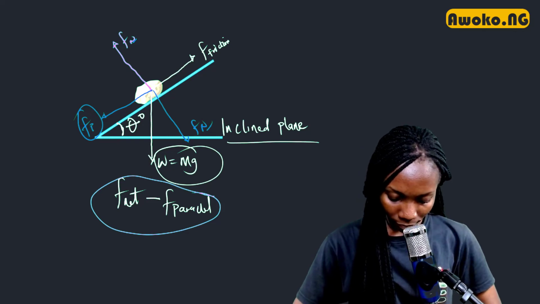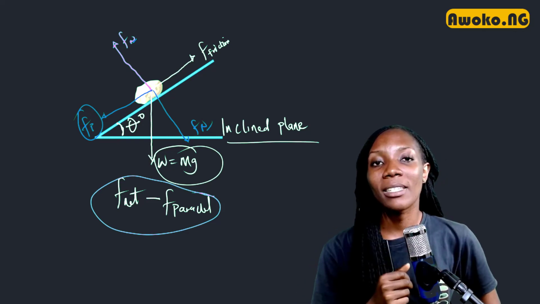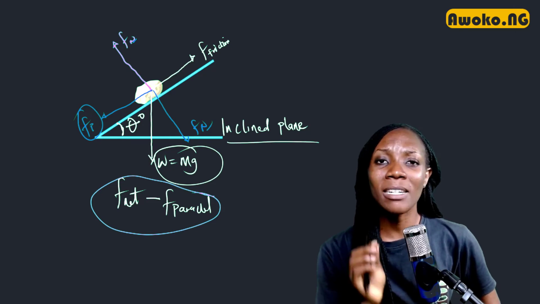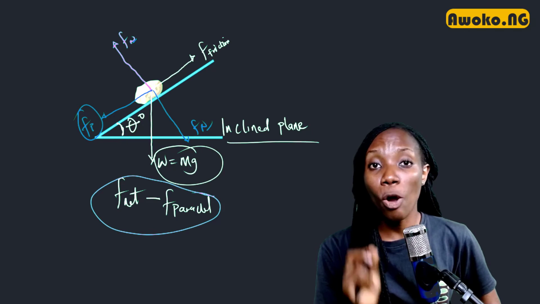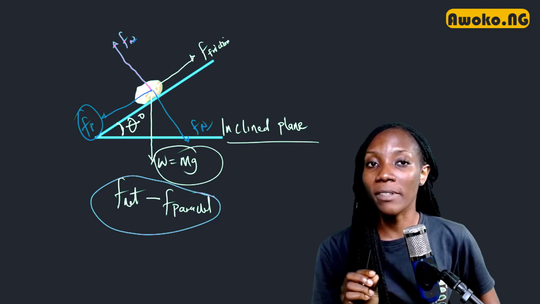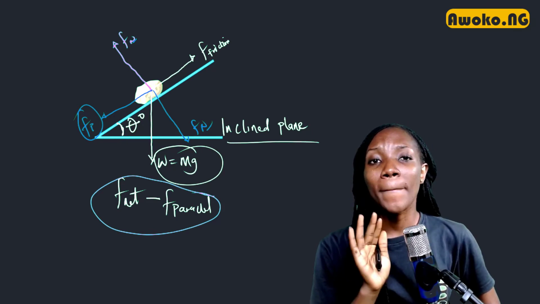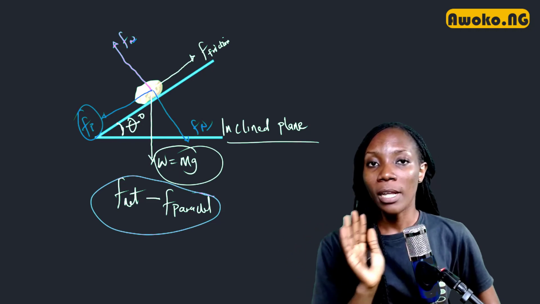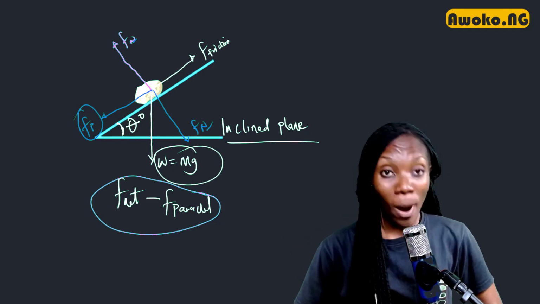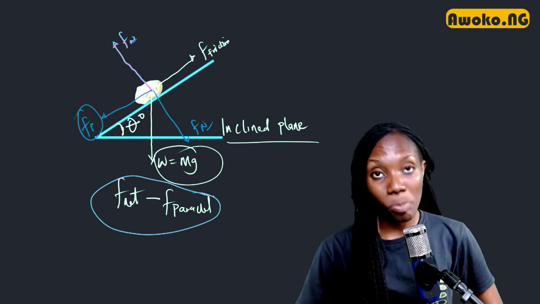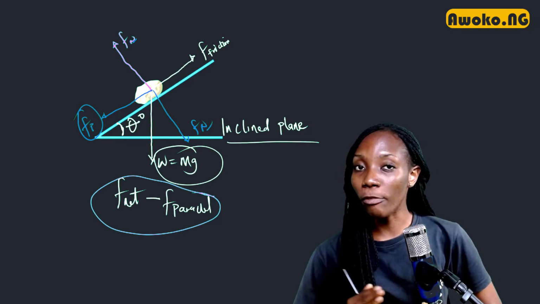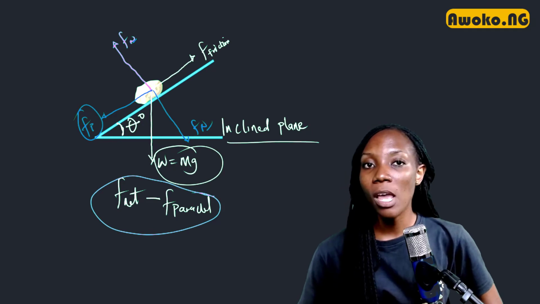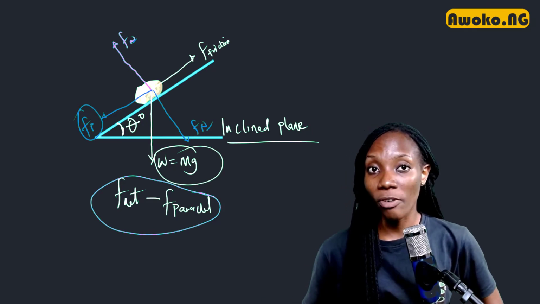And so put this in mind, that the task of determining the magnitude, that is the size of the two components of the force of gravity, is a mere matter of using equations. Now, let us show how the parallel component and the perpendicular component of the force of gravity can be gotten using mere equations.